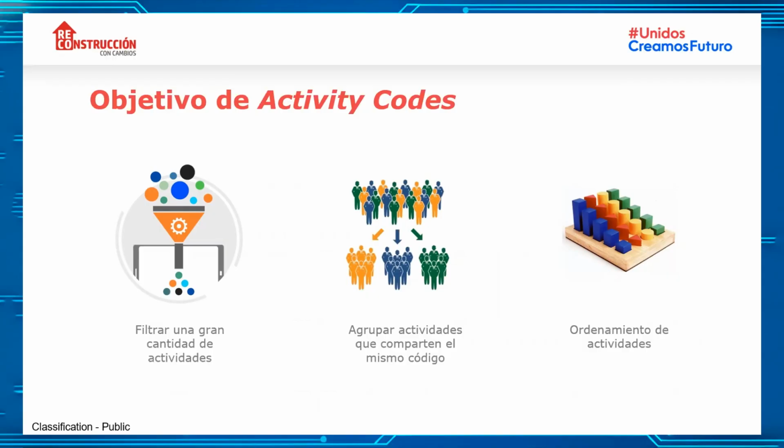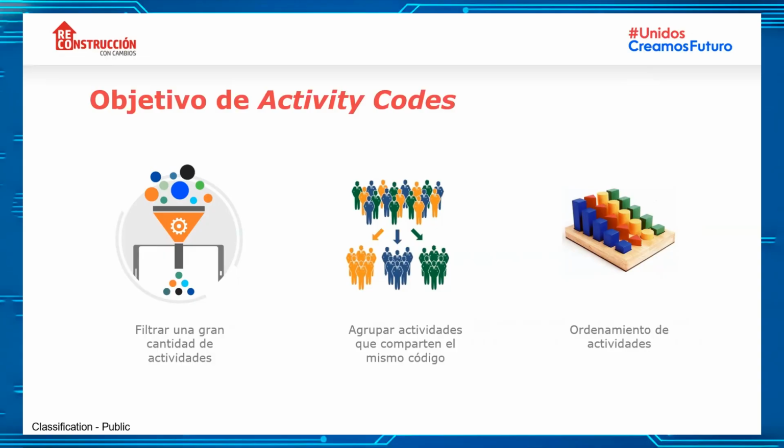What is the purpose of activity codes? Well, we can summarize it in three very important items. On one side, filtering a huge amount of activities. On the other part, grouping them, and then the other part is putting them in order.